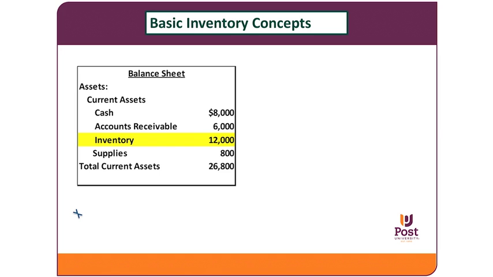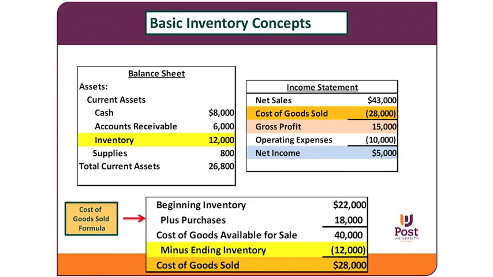The total amount we now have available to sell is $40,000 of inventory, $22,000 plus $18,000. Therefore, if I have $12,000 left at the end, I must have sold $28,000. The cost of goods sold is $28,000.